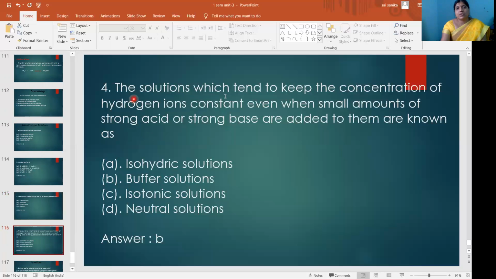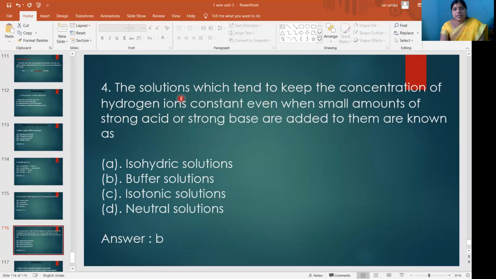fourth question, the solutions which tend to keep the concentration of hydrogen ions constant even when small amounts of strong acid or strong base are added to them are known as, read carefully, the solutions which tend to keep the concentration of hydrogen ions constant.